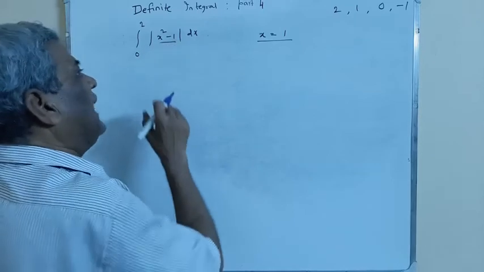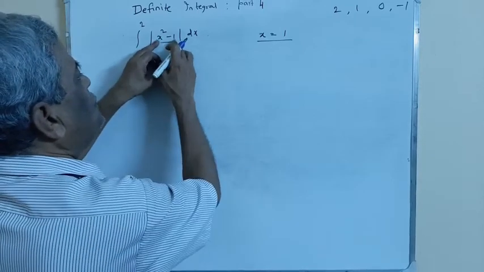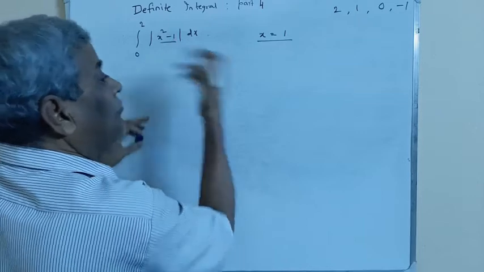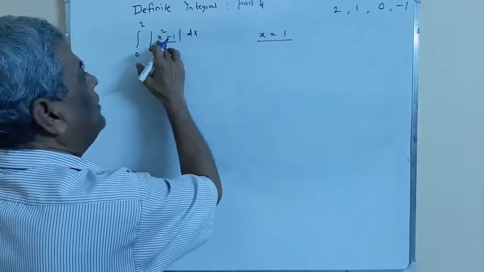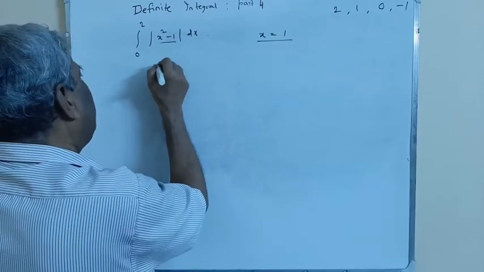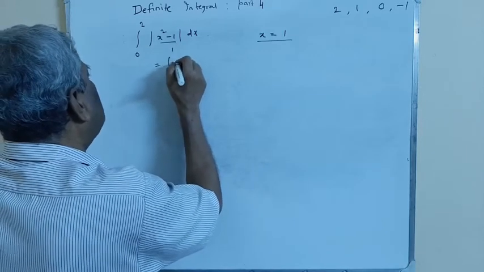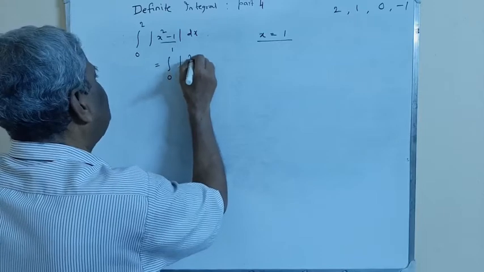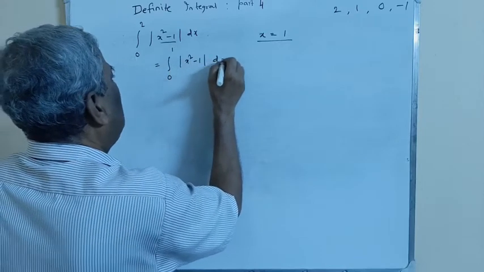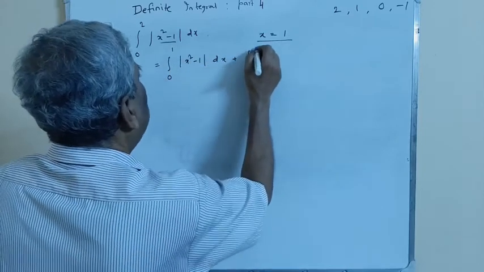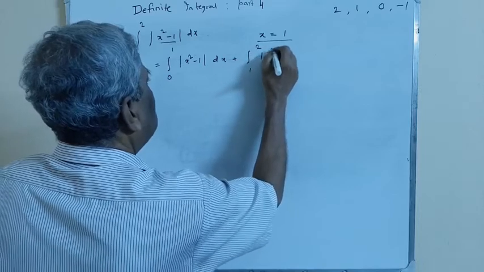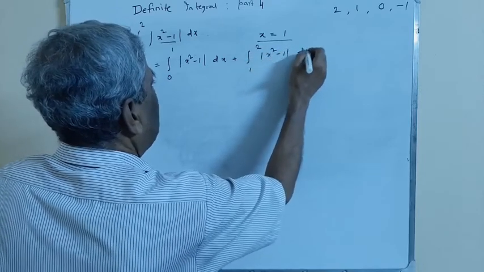So before that, this becomes negative, and after 1, this becomes positive. So I can write it as 0 to 1 mod of x squared minus 1 dx plus 1 to 2 mod of x squared minus 1 dx.